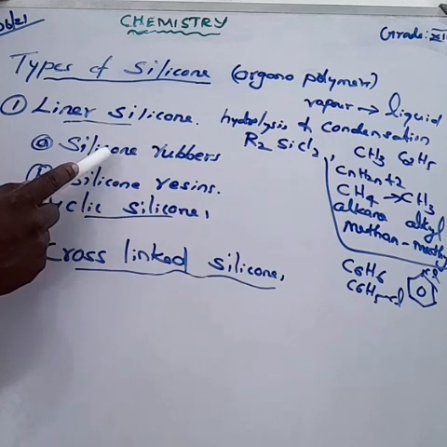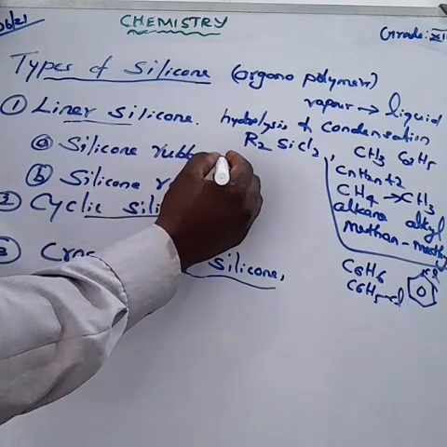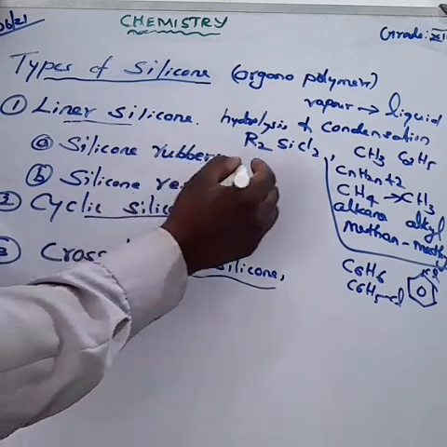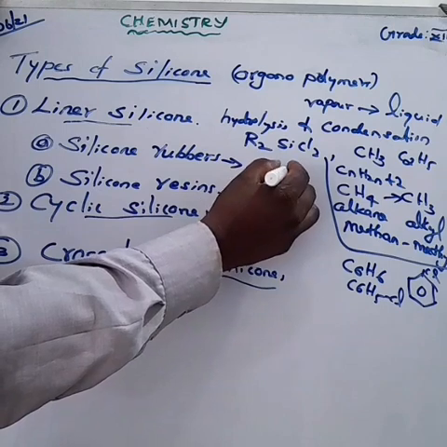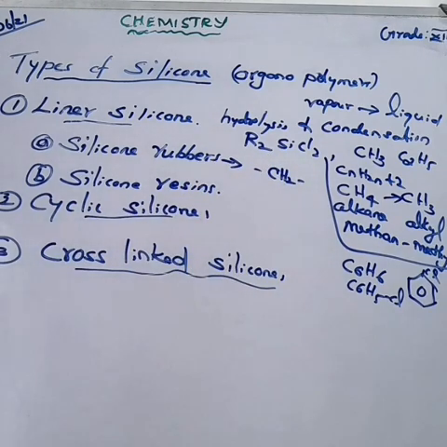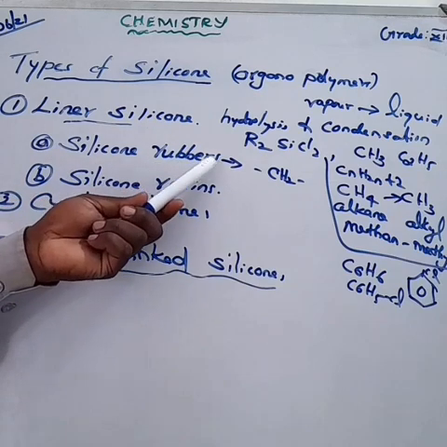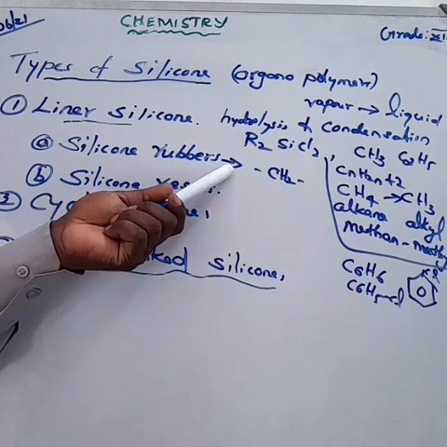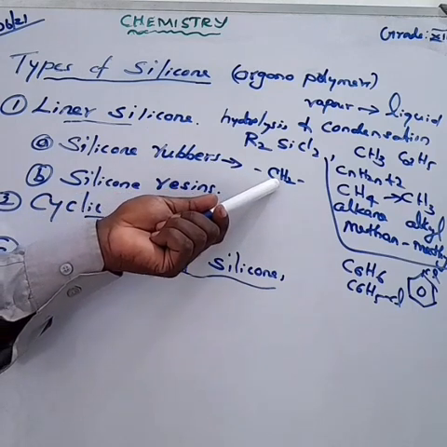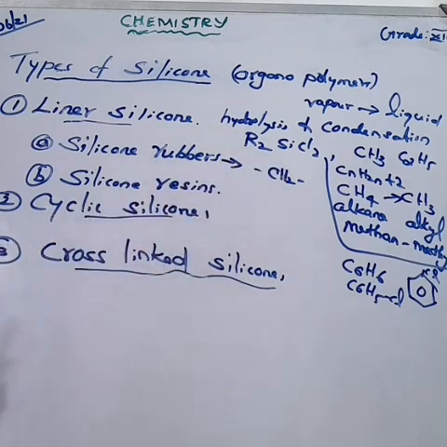The silicone rubbers are silicones bridged, that is joined together, by the methylene group. The formula of methylene is CH2, we call CH2 the methylene group.